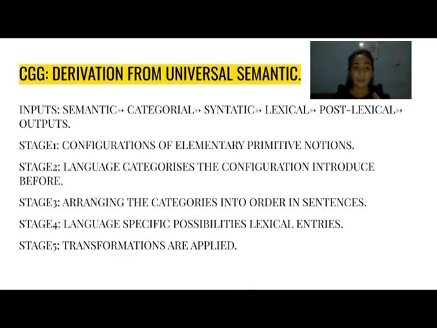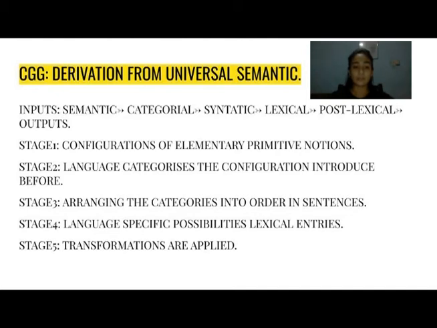According to the second stage, we can say that languages categorize the configurations introduced at stage 1 in ways that are characteristic of them, but not necessarily unique to them. So some categories may be universal, others may be shared by language types, and some others unique.